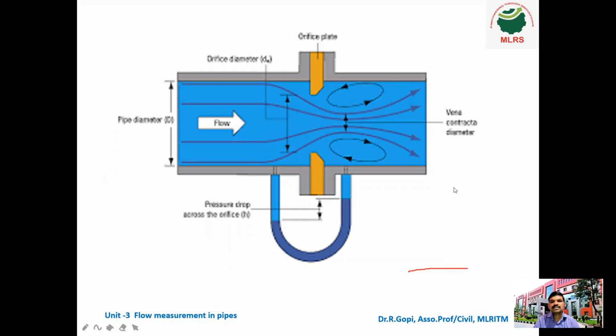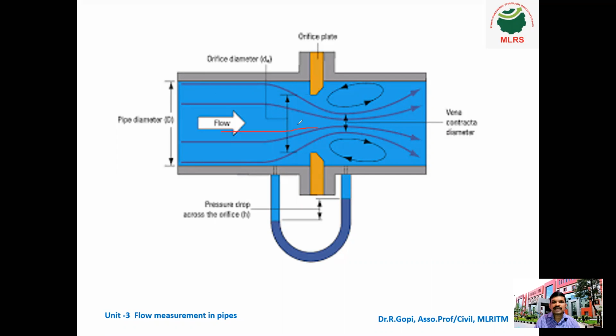Now you can see this is the cross section of the orifice meter. This is the inlet pipe diameter, this is the inlet pipe, and this is the plate. This yellow color is the orifice plate, and this portion is the orifice diameter, OD.